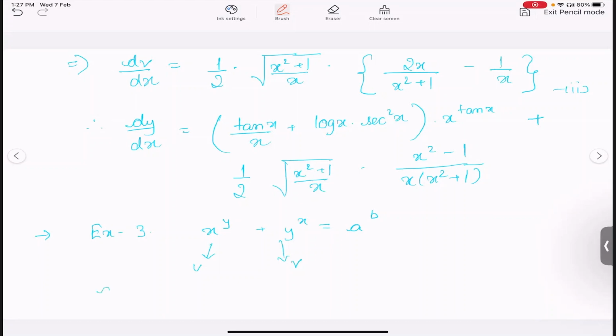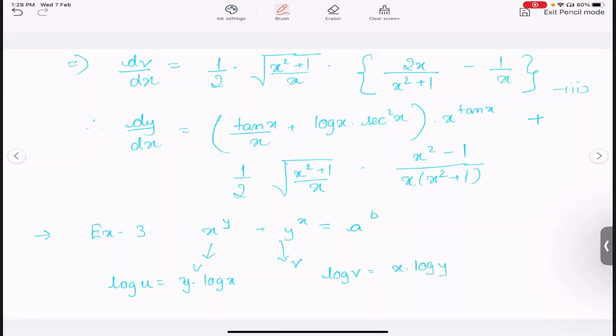First let's take log. Log of u will be equal to y times log of x, and log of v will be equal to x times log of y.